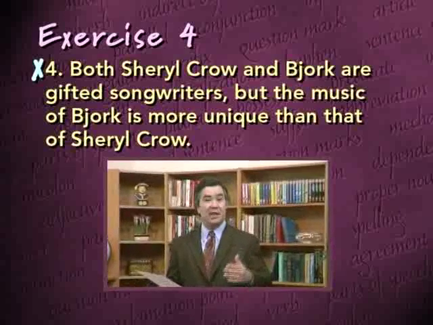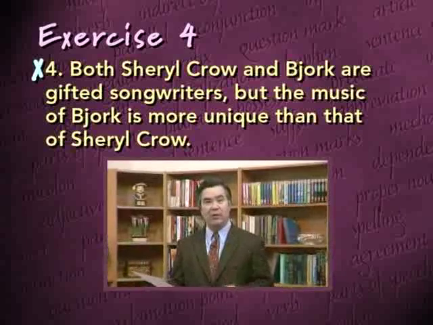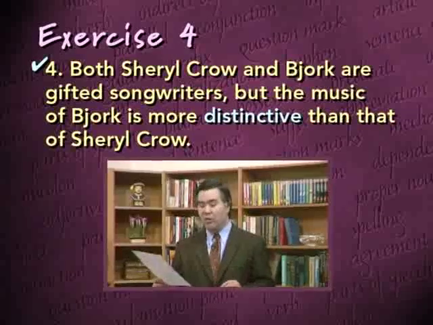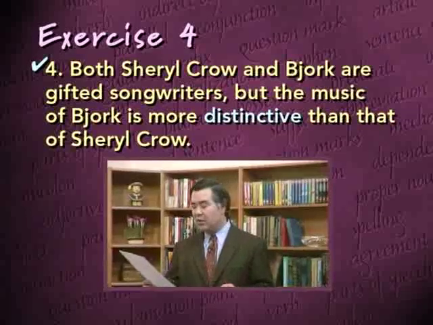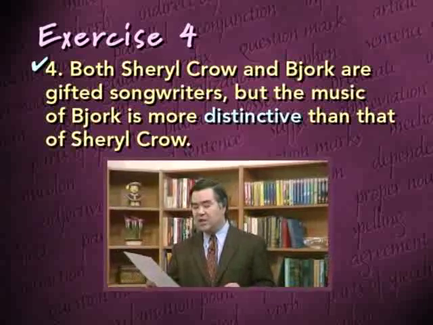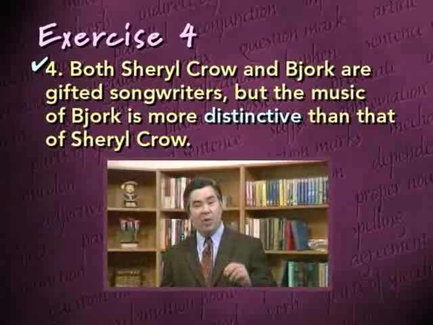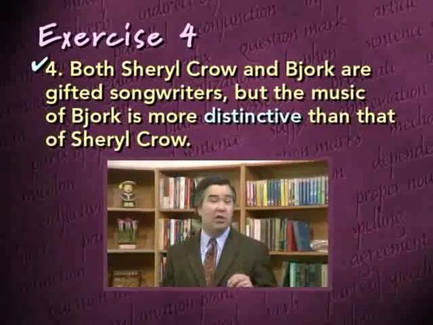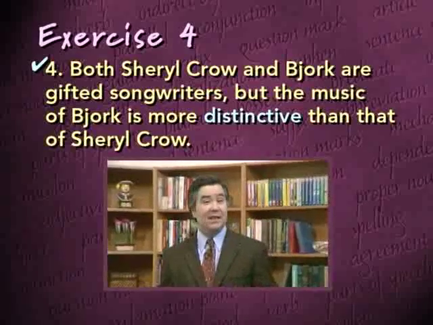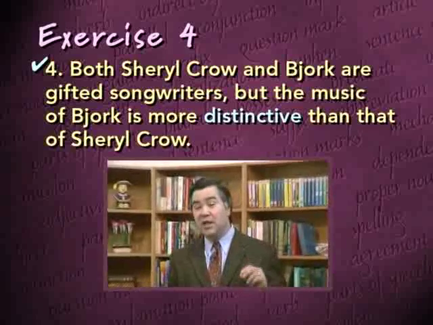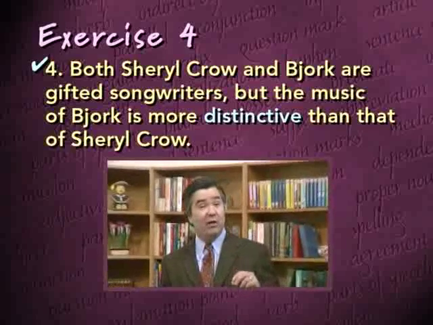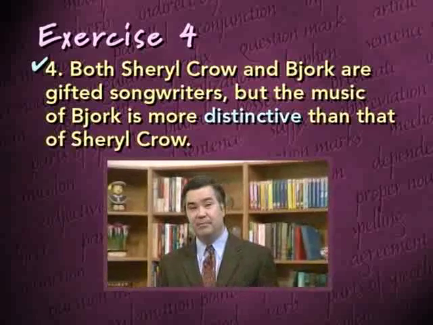So, for example, the sentence would be perfectly correct if it were written like this. Both Sheryl Crow and Bjork are gifted songwriters, but the music of Bjork is more distinctive than that of Sheryl Crow. So that would be one way of correcting the sentence. You could use other adjectives instead, such as unusual, but unique can't be used in this comparative or superlative form.